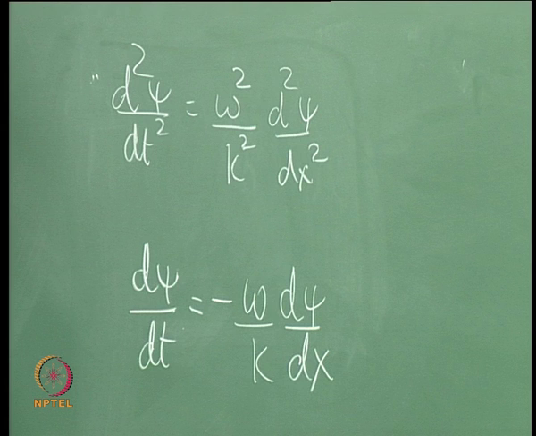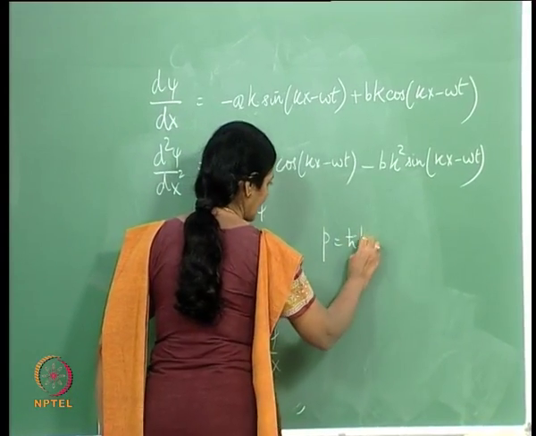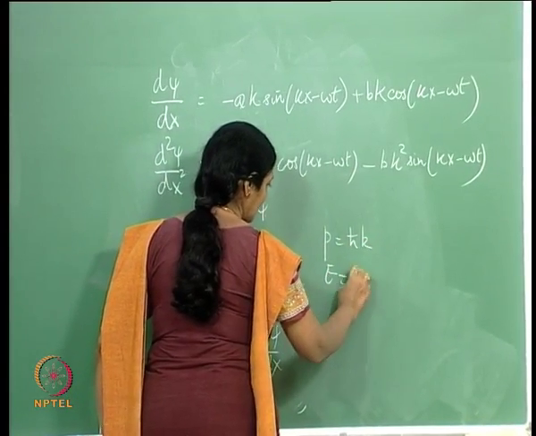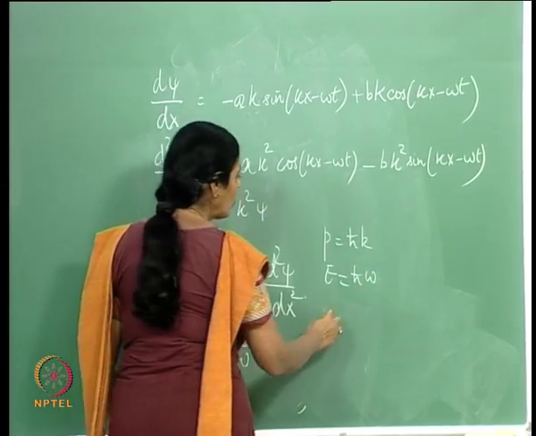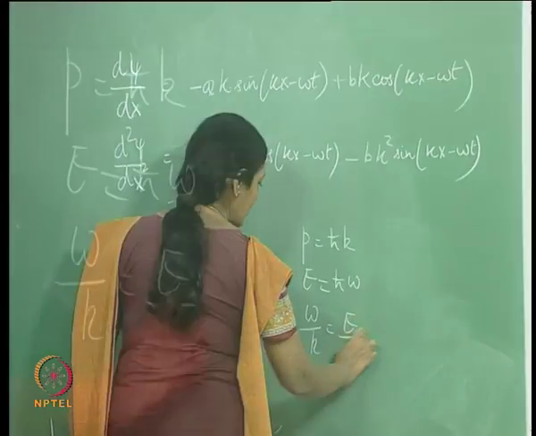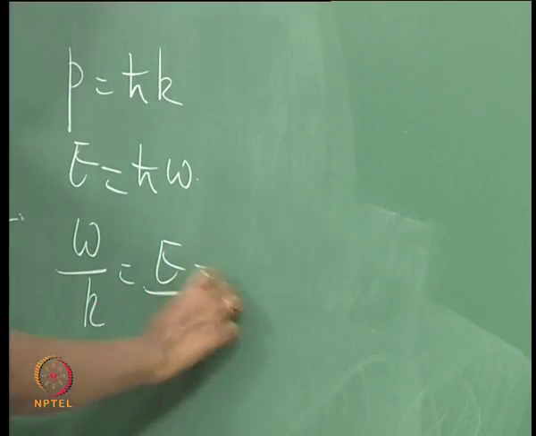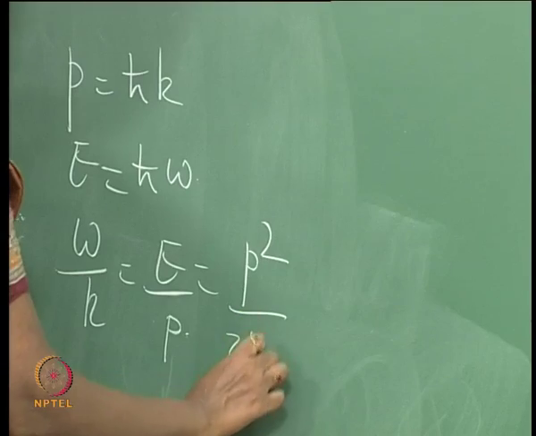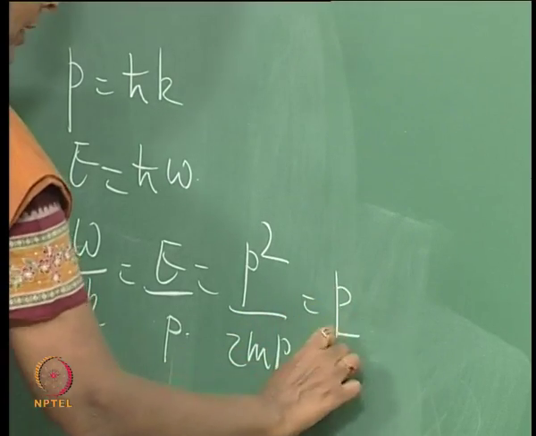The problem is this: if you compare, P is h cross k and E is h cross omega. So if you look at the ratio omega by k, for instance, that is E by P, and that is P squared by 2mP, which is P by 2m.